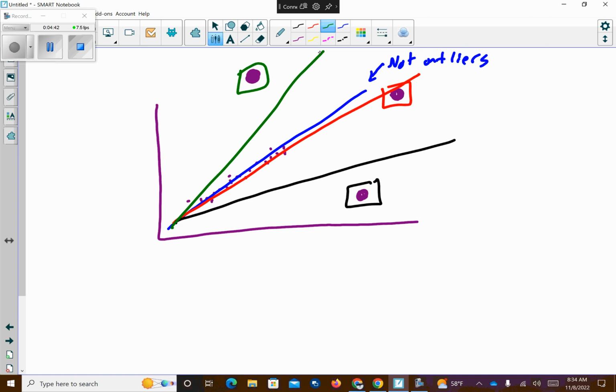So see how the outliers, the green and the black, really adjust what our line of best fit does. The red one, this influences the X, not really the Y.